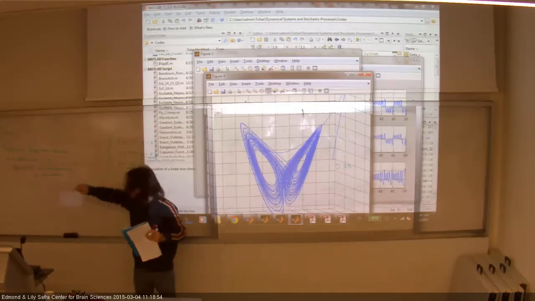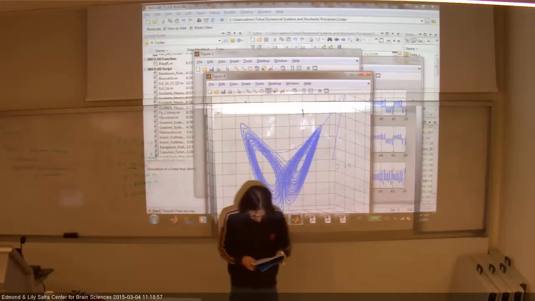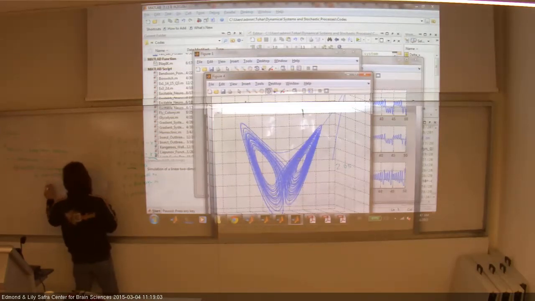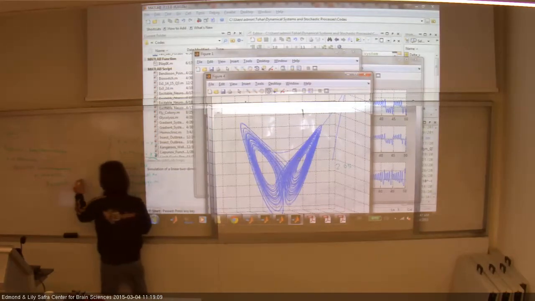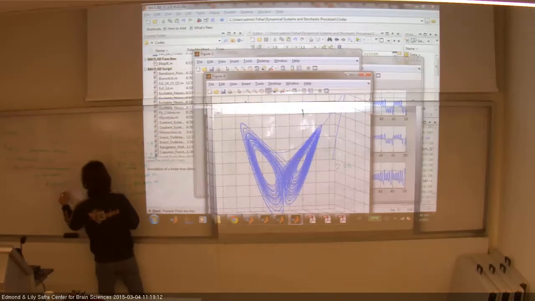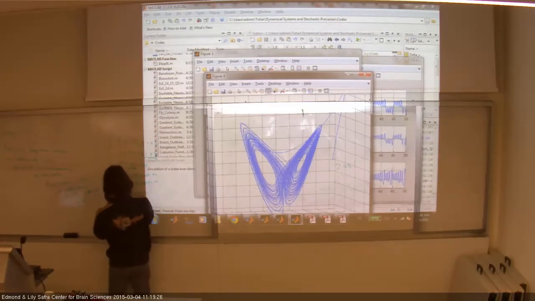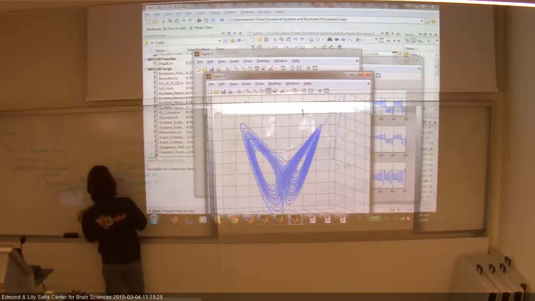Okay, this is a bit small. I'll write it bigger. So, aperiodic means that it does not settle down to fixed points, closed orbits, or quasi-periodic orbits, which we did not cover, but you can find it in the book.